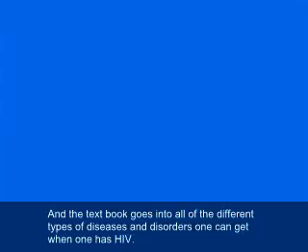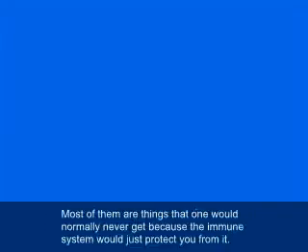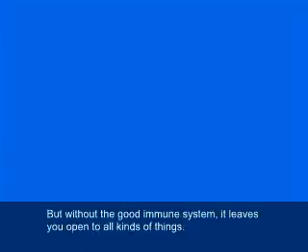And the textbook goes into all of the different types of diseases and disorders that one can get when one has HIV. Most of them are things that one would never normally get because the immune system would just protect you from it. But without a good immune system, it leaves you open to all kinds of things.